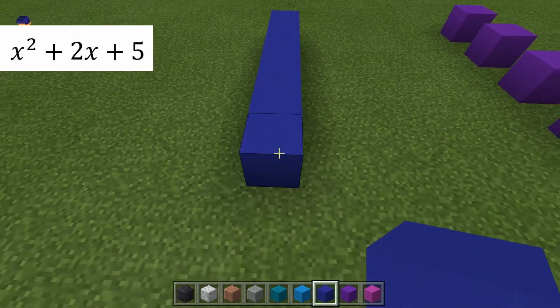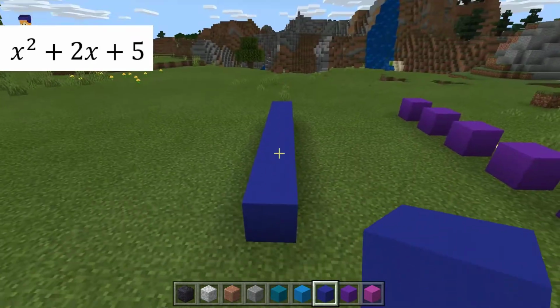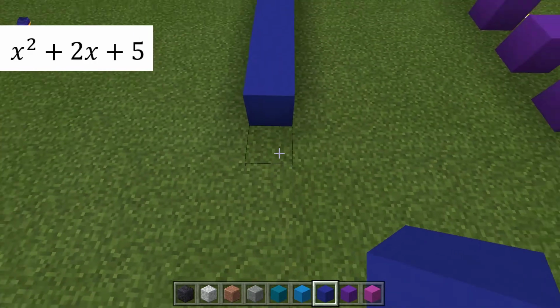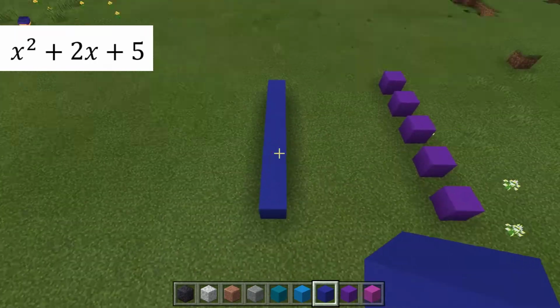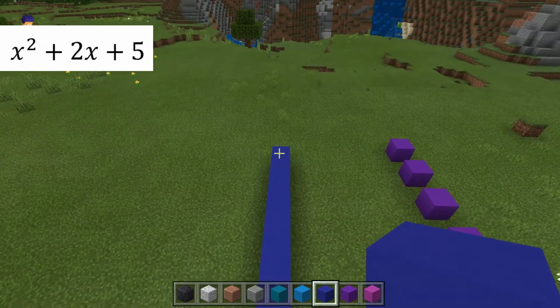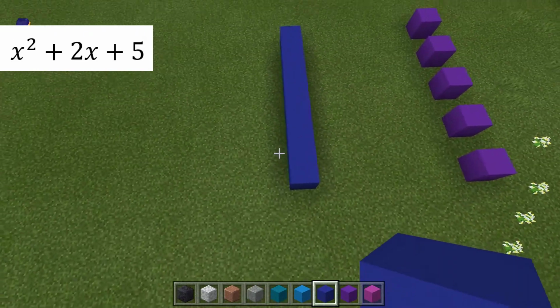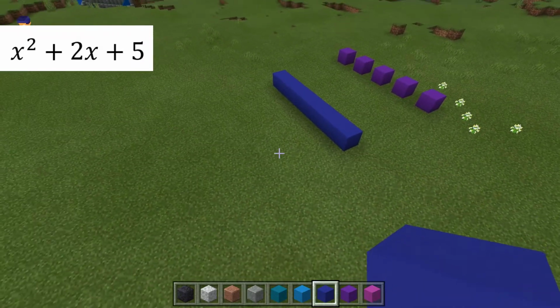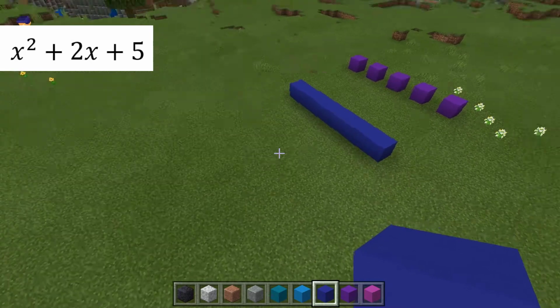So I could make this be however long I want and imply that that's what x is. But what I'd really like to do is just pretend like this is an unknown quantity here, however long this is what x is, but let's pretend like we don't know how long it is, even though obviously we could figure out what it is.